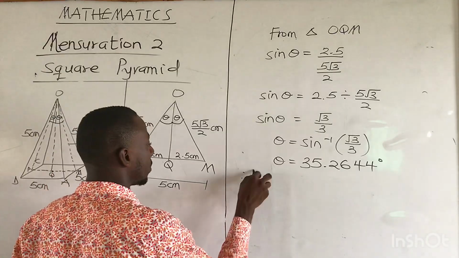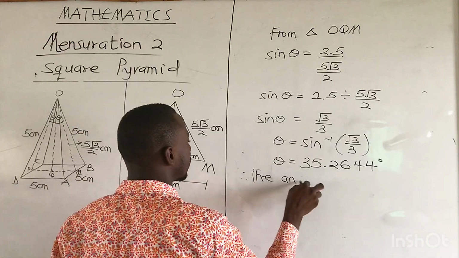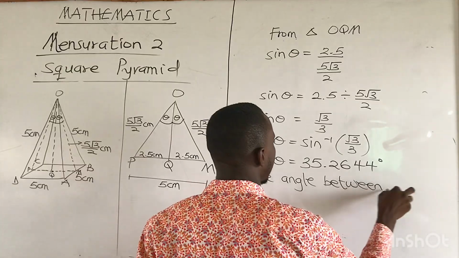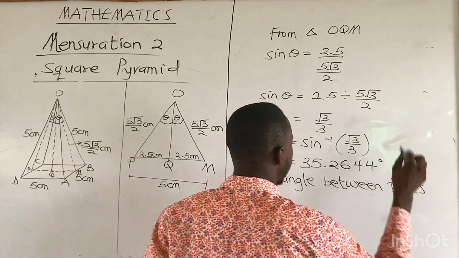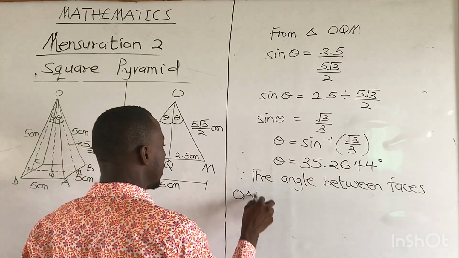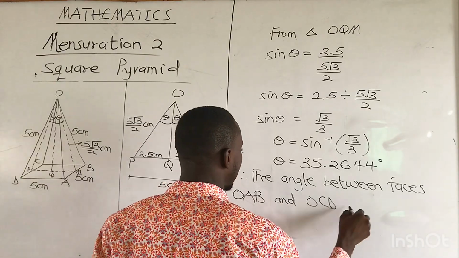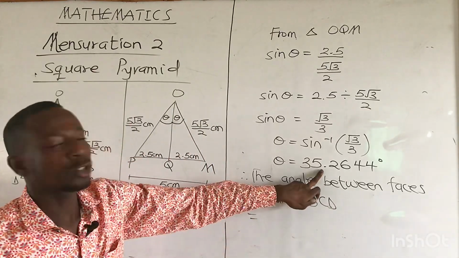So therefore, the angle between faces OAB and OCD is going to be twice of this.